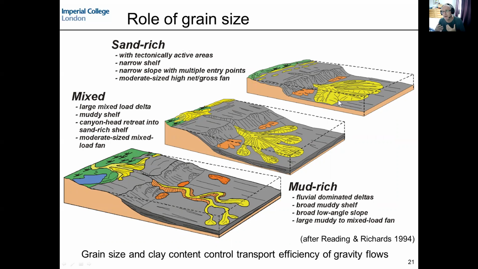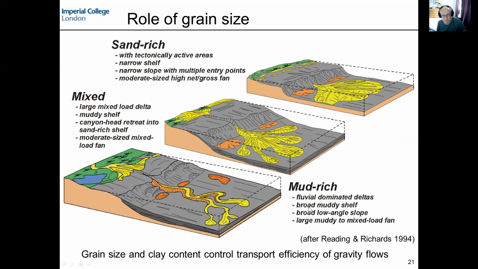It's hard for gravity flows to transport that grain size of sediment over long distances. So we have small systems, typically tens of kilometers. The lobes are sort of amalgamated together. They're often difficult to distinguish from each other, and the channels are pretty short and poorly developed.